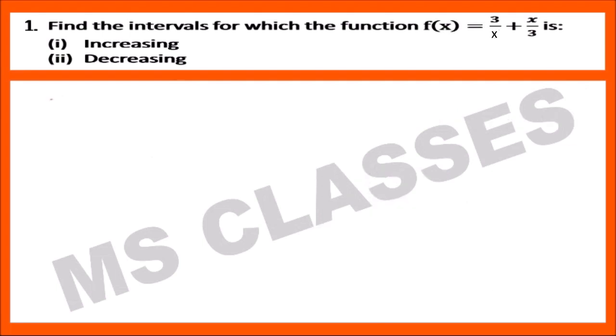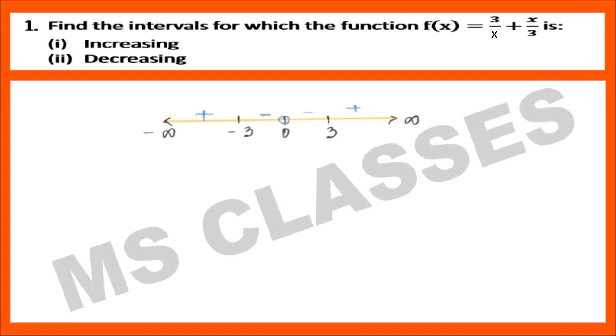Now on putting it on the number line, it is minus infinity, minus 3, 0, 3, infinity. Where the power is odd, the sign will change; where the power is even, no change. So here 0 is the point of discontinuity.